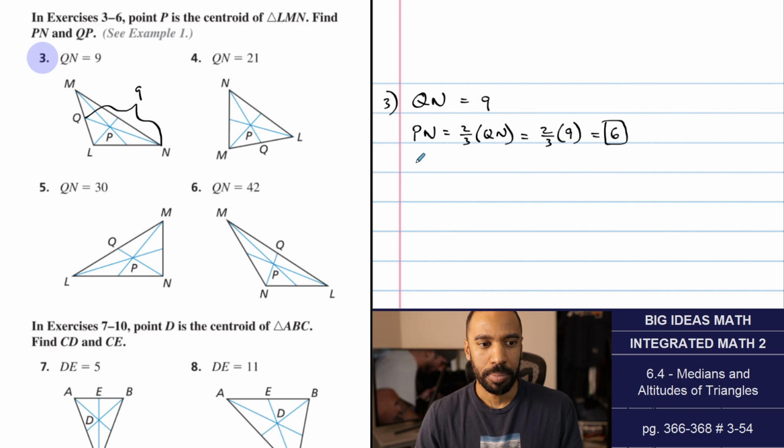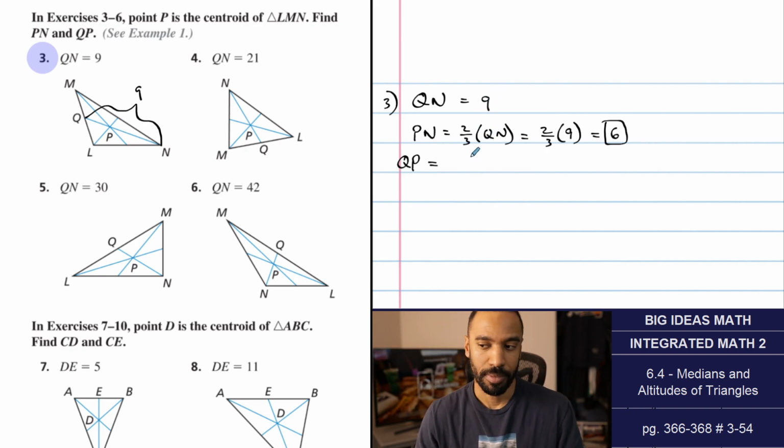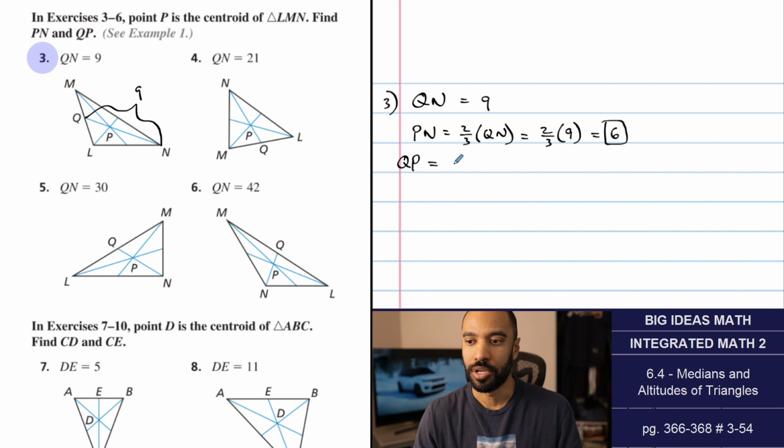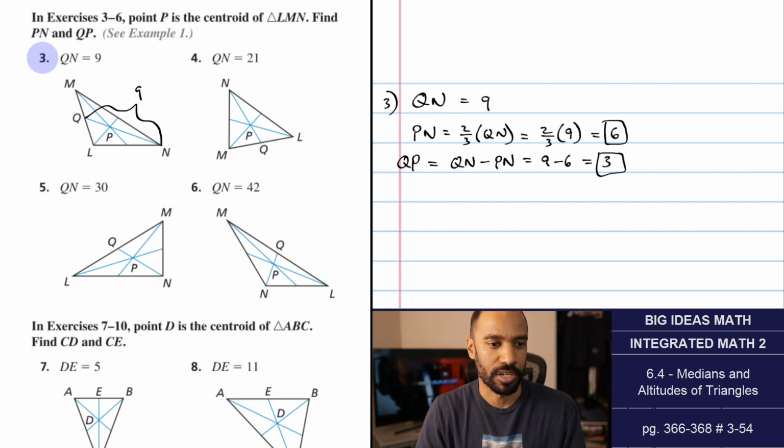Now, QP, the way that they say it, you can either say it's 1/3 of this thing, or make it easier, you can do the difference between these two, QN minus PN, which is 9 minus 6, which is 3. So that's the length of those two parts individually. Therefore, this is 6, this is 3. That's number 3.